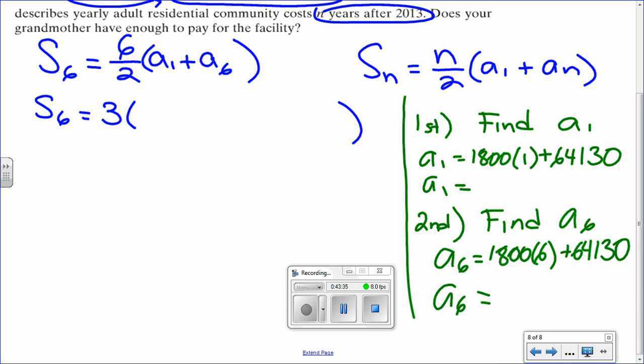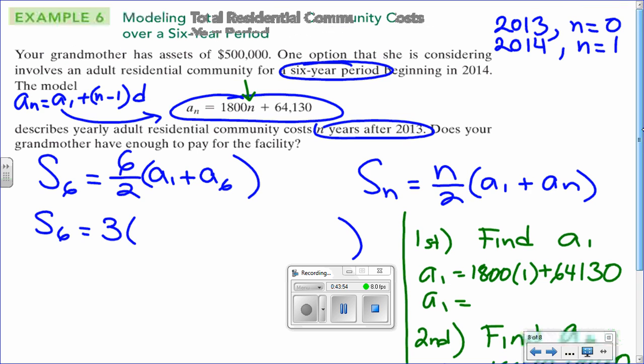Okay, so does anyone have the first or the 6th? I got, for A6, 74,930. Very good. So what year would that be, A sub 6?